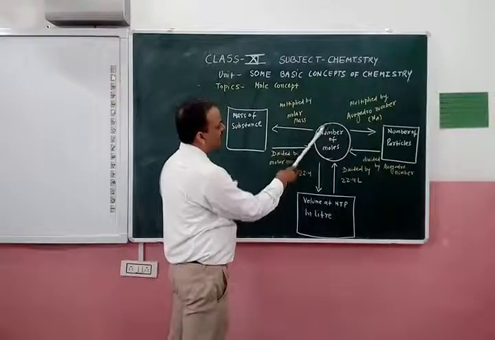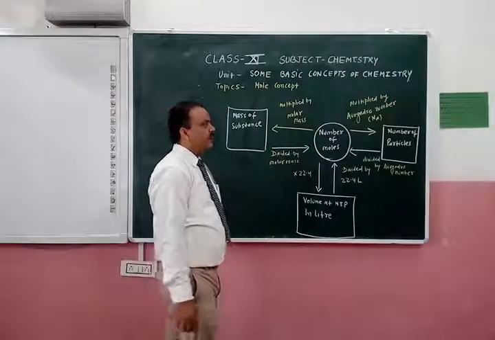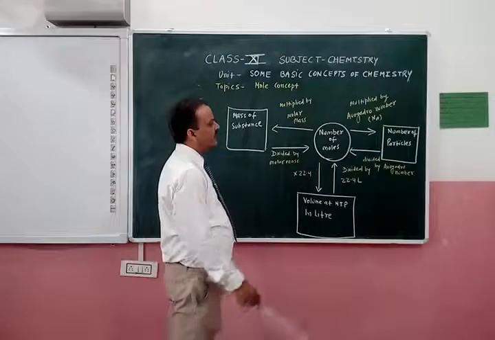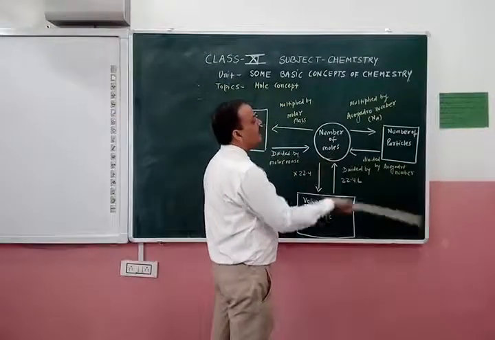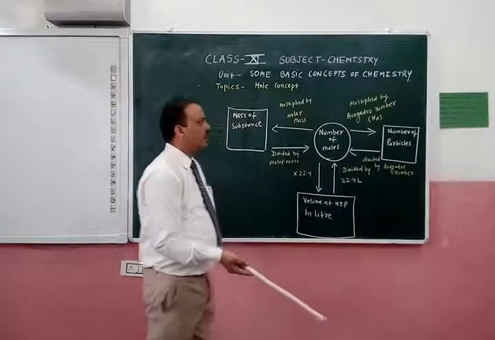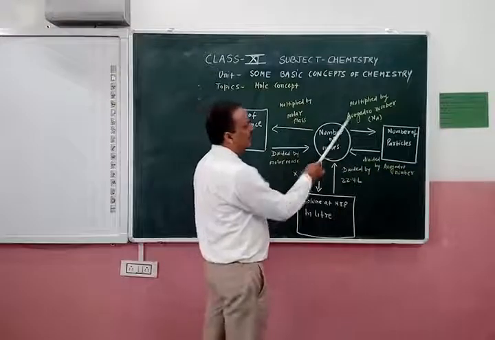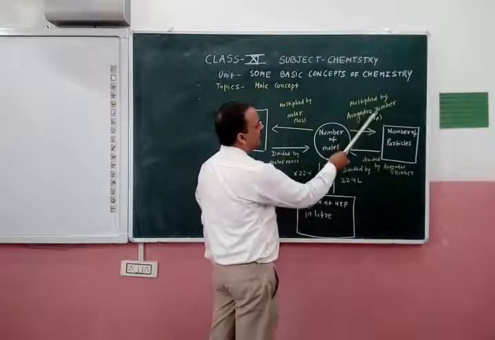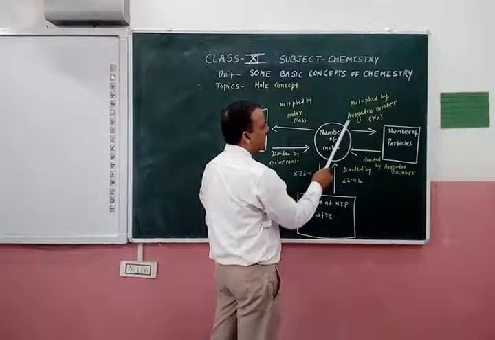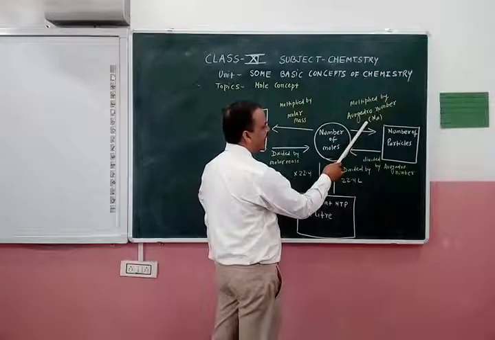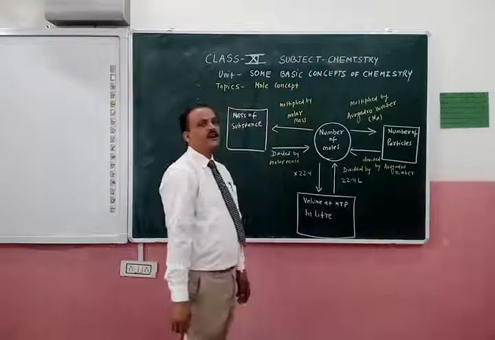Now if we want to convert the number of moles into the number of particles, then what do we do? Number of moles when multiplied by the Avogadro number Na get converted into the number of particles.